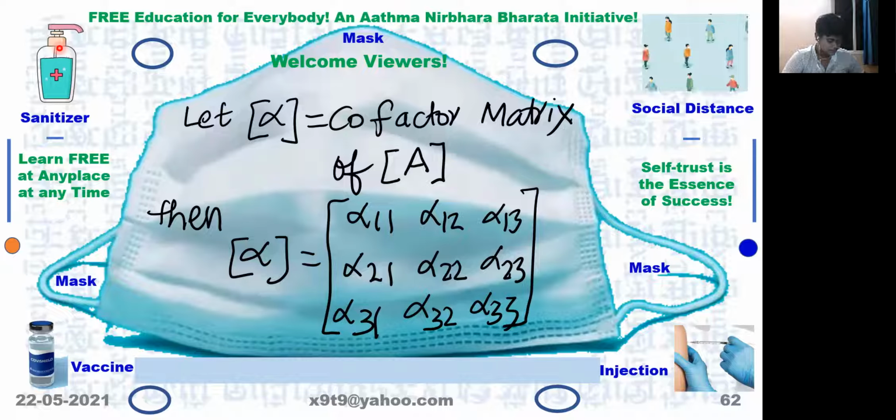Minus 7 divided by 20 is minus 0.35. 18 divided by 20 is 0.9. 5 divided by 20 is 0.25.